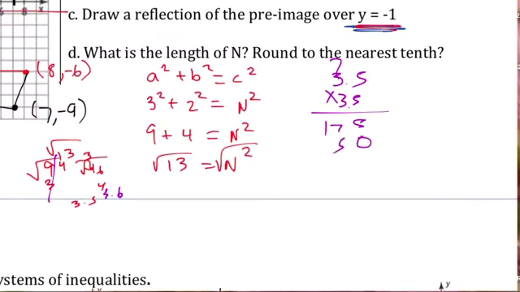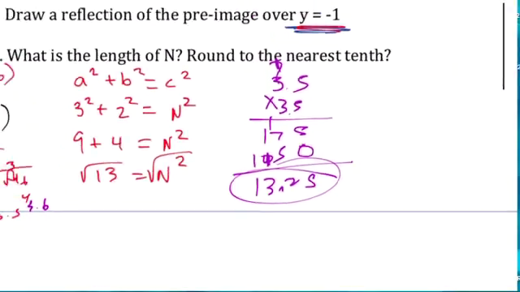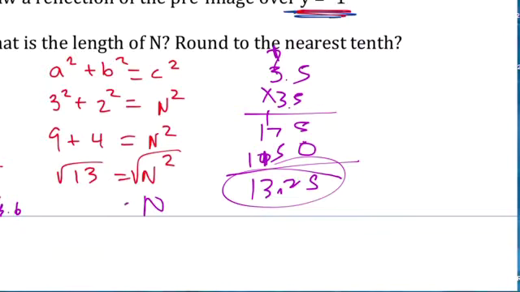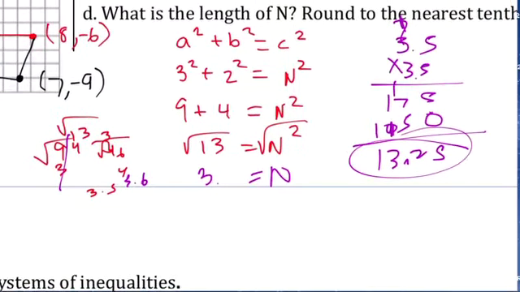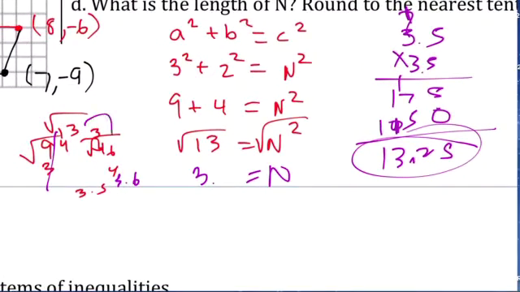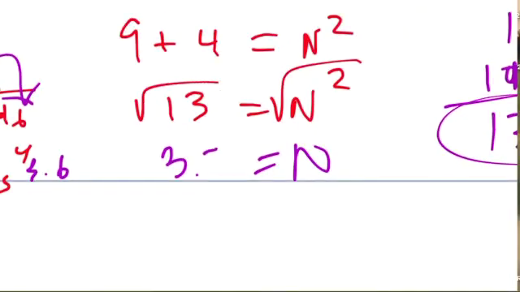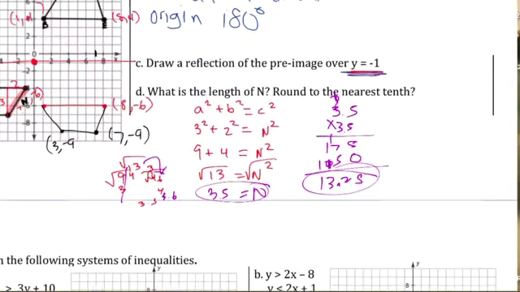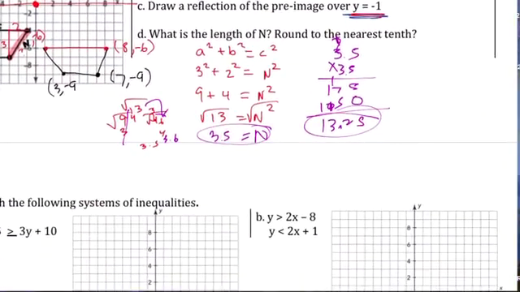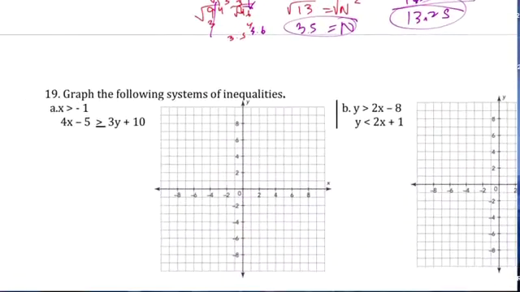So n is 3.5. It can't be 3.4 because it's closer to this one. All right, n is 3.5.